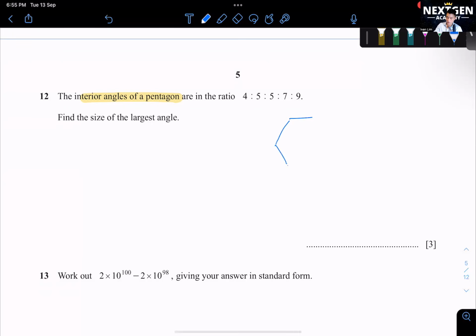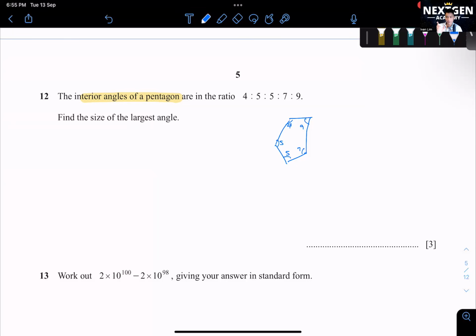So I draw something like 1, 2, 3, 4, 5 sides. Not so nice, but this is not a regular one, maybe something like this. We know that this angle takes 4 parts, this one 5 parts, this one 5 parts, this one 7 parts, this one 9 parts. How do we calculate the total internal angle? What's the formula? All of you should know already. Don't know?